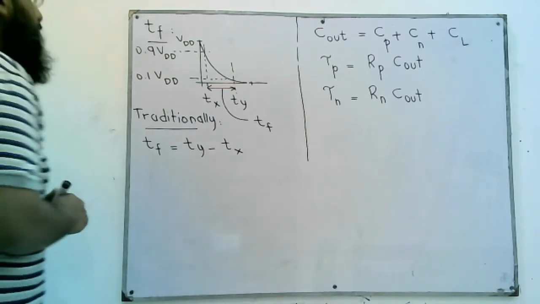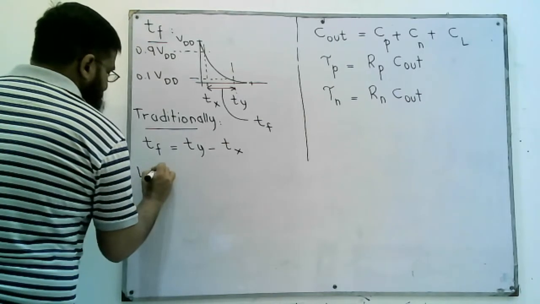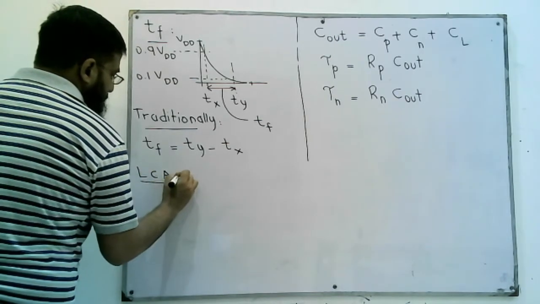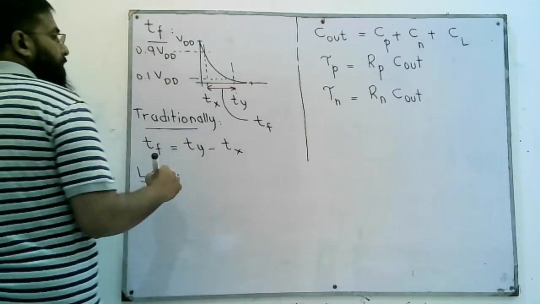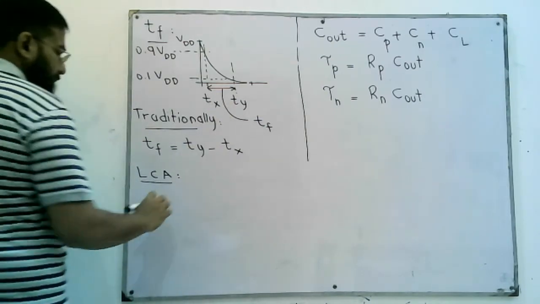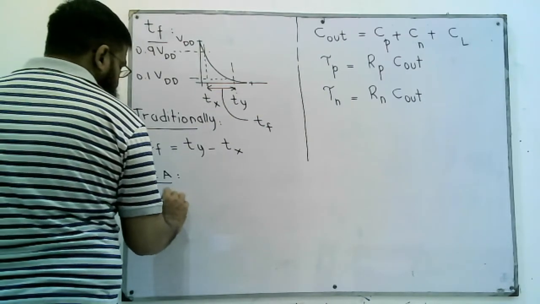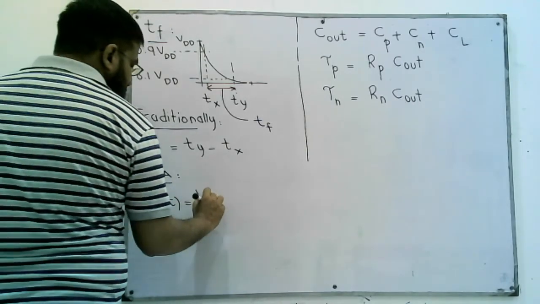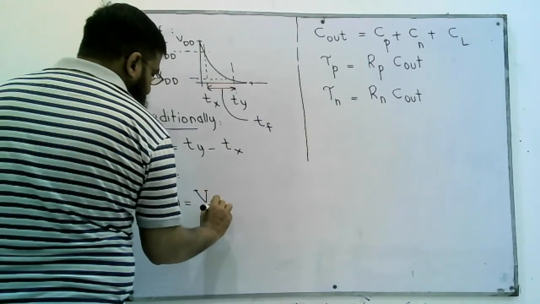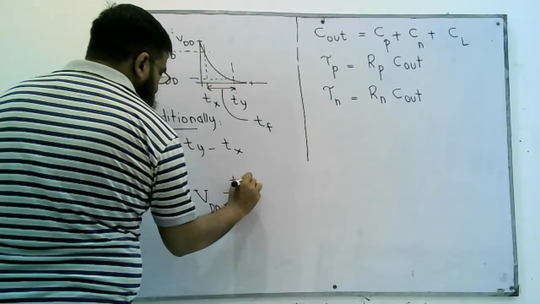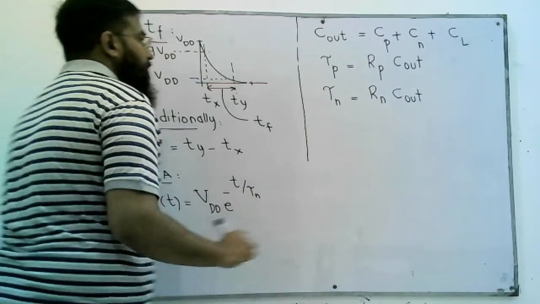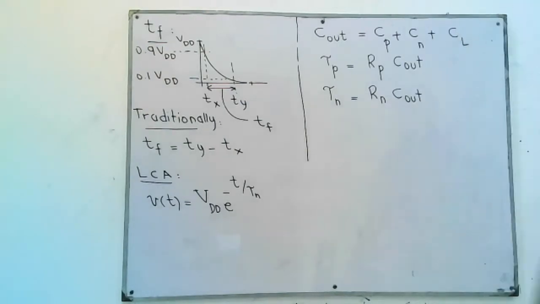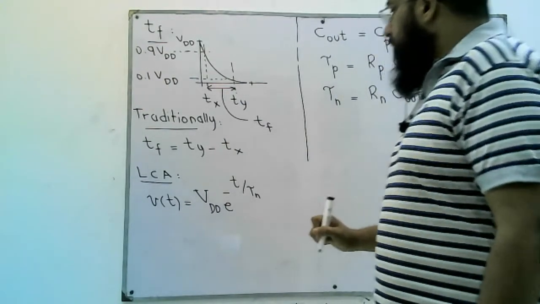Right, and we have studied in linear circuit analysis that the discharge of a capacitor can be written as v(t) = VDD e to the minus t over tau n, and we know tau n is our Rn Cout.